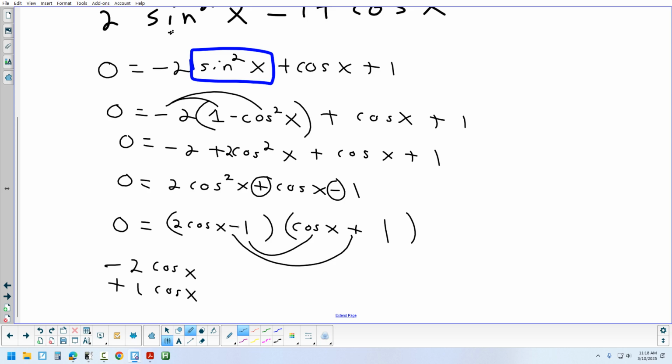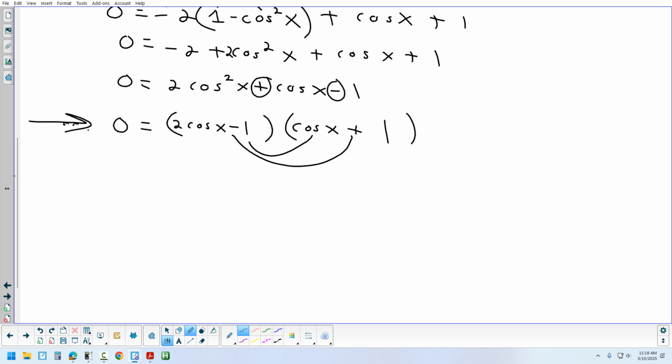There are going to be some problems in the homework that start you at this step, and people get confused. They've just done the substitution, the distributive property, and combining like terms for you. What do you do once you have it at this step? Take each factor and set them to 0. Some problems start you with the 2 equations equal to 0, and now you just have to solve them.